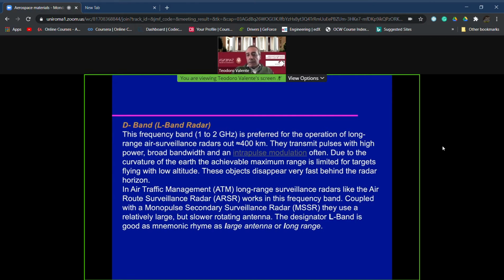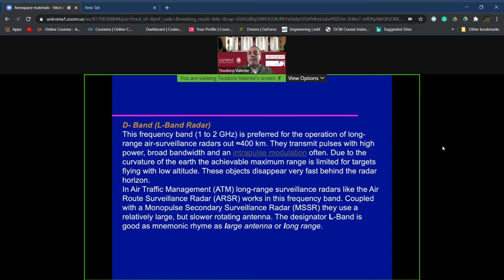There are also some variations, because they could be pulsed, or coupled with monopulse secondary radars to use a relatively large but slower rotating antenna.